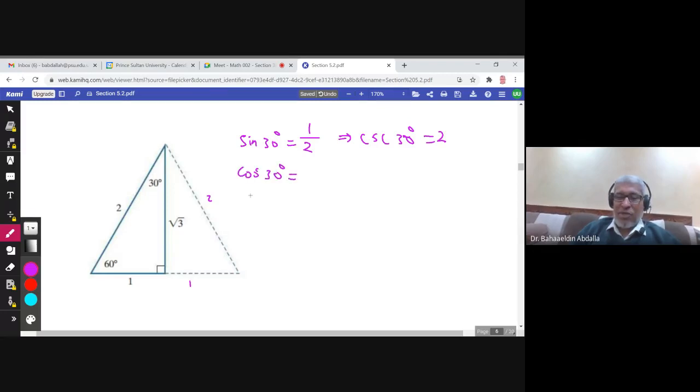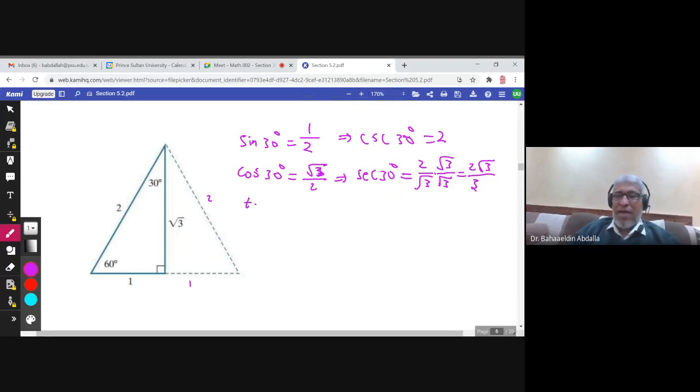Cosine 30 is adjacent, square root of 3, over 2, the hypotenuse. Now, secant 30, which is the reciprocal of cosine 30, is 2 over square root of 3. To rationalize the denominator, we multiply by square root of 3 over square root of 3, and we get 2 square root of 3 over 3.